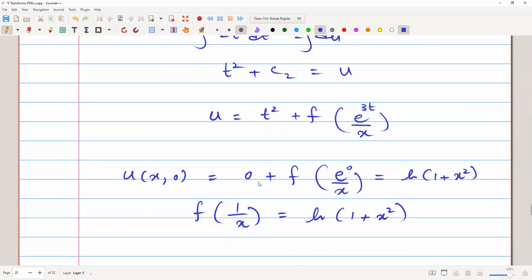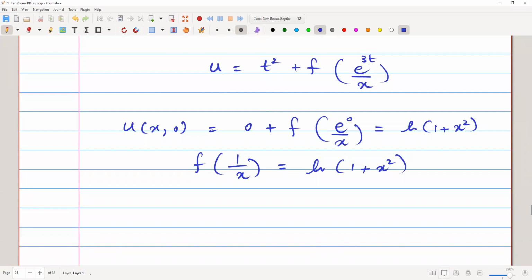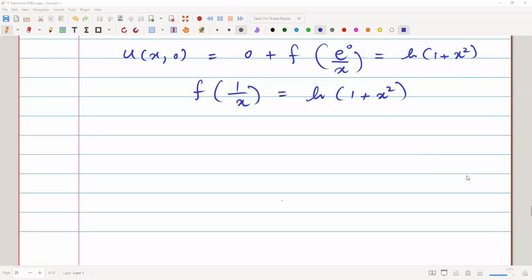There's a problem here: we have a function of 1 over x, but we need a function of x. So we can simply flip this x squared to 1 over x squared, because if f of 1 over x is equal to this, then f of x is going to be ln(1 plus 1 over x squared), right?